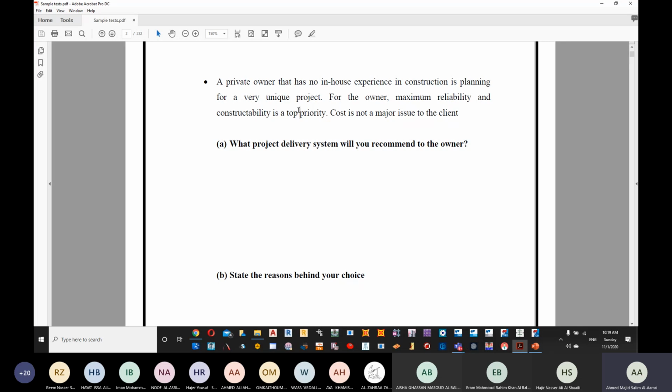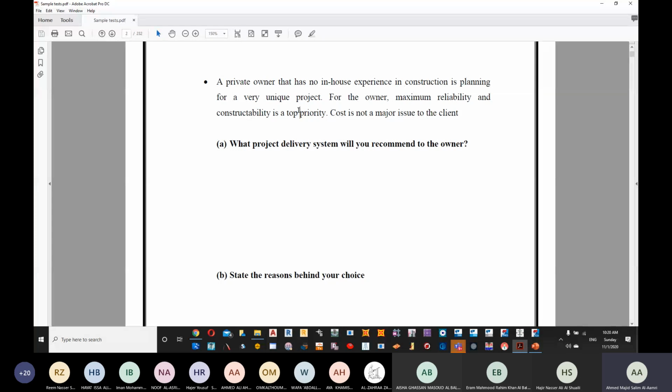Now, remaining are construction management at risk and design, build. Of course, if you are asking the company to allow you a lot of changes and to finish at a very fast pace, then of course the cost is going to be very high. So how does it go in terms of cost? The lowest is traditional.